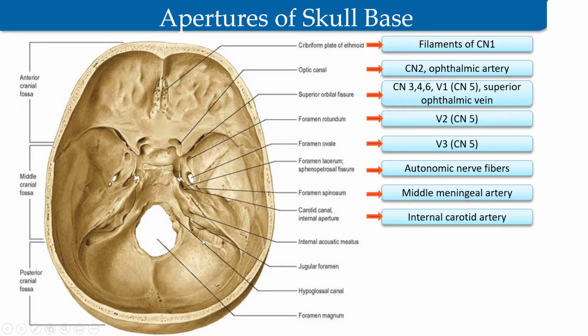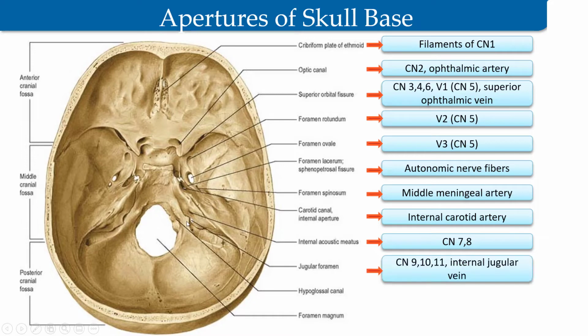In the posterior cranial fossa, we have the internal acoustic meatus for the facial and vestibulocochlear cranial nerves number 7 and 8. And below here is the jugular foramen for the cranial nerves 9, 10, 11, and for the internal jugular vein.